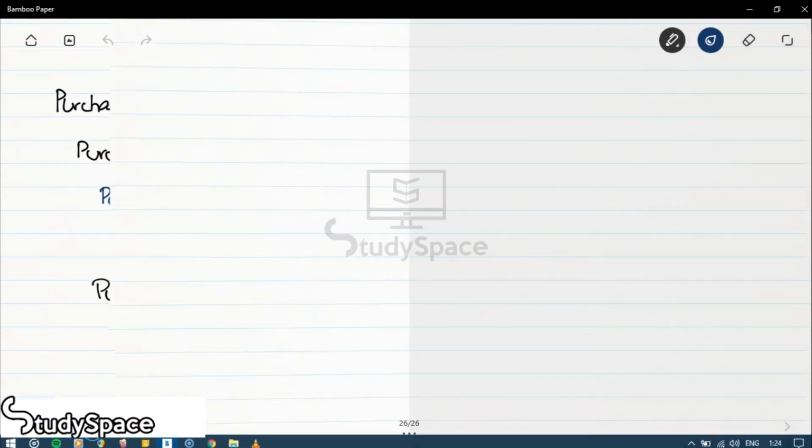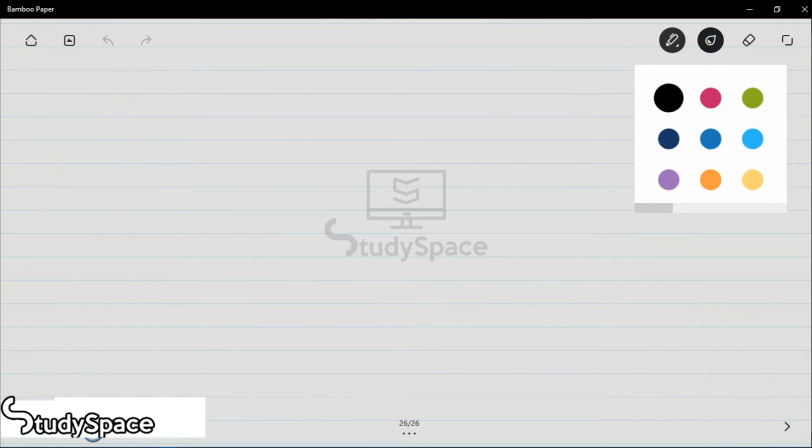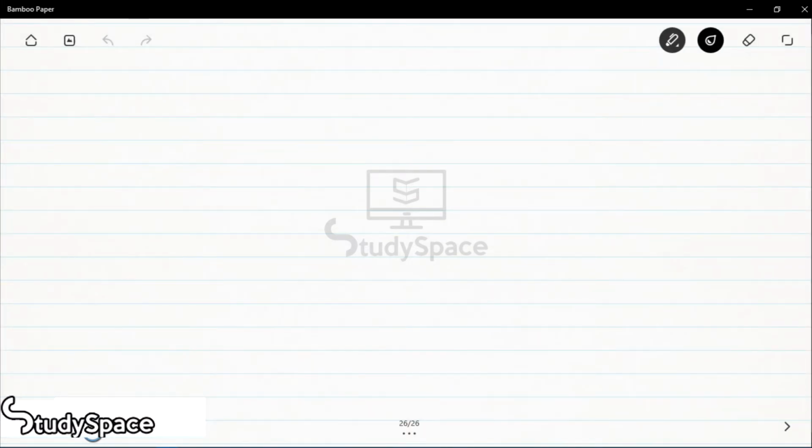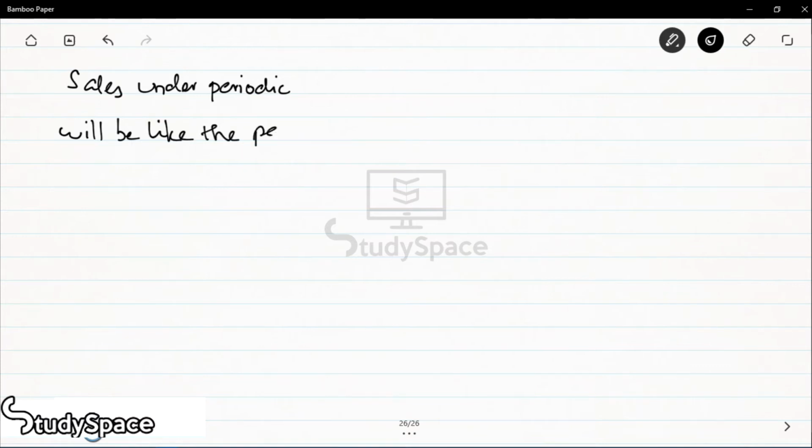Moving forward, we will now look at changes in sales. So sales under the periodic system will be exactly like the perpetual, except for the inventory entries.